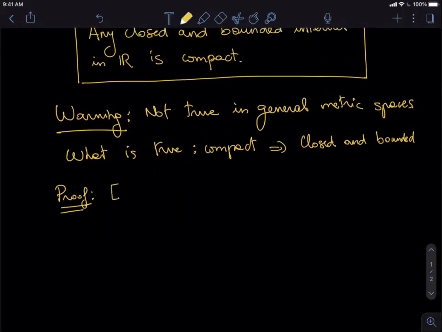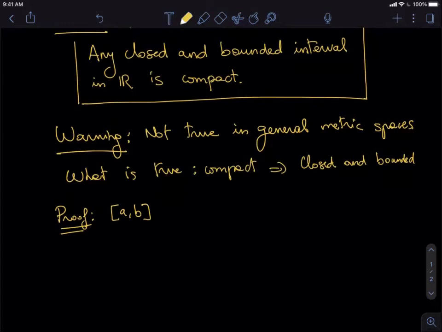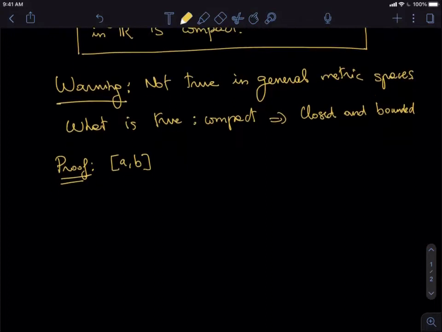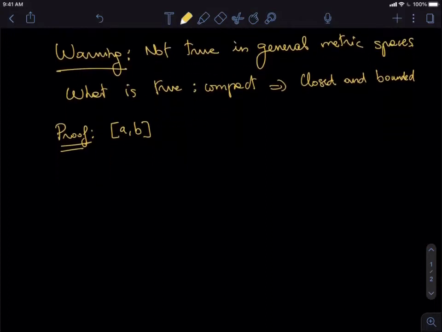Let's say our interval is [a, b], and it's closed and bounded. Sorry, we don't know yet that it's compact. To show that it's compact, we need to show that from any open cover that we are given, we can find a finite subcover.